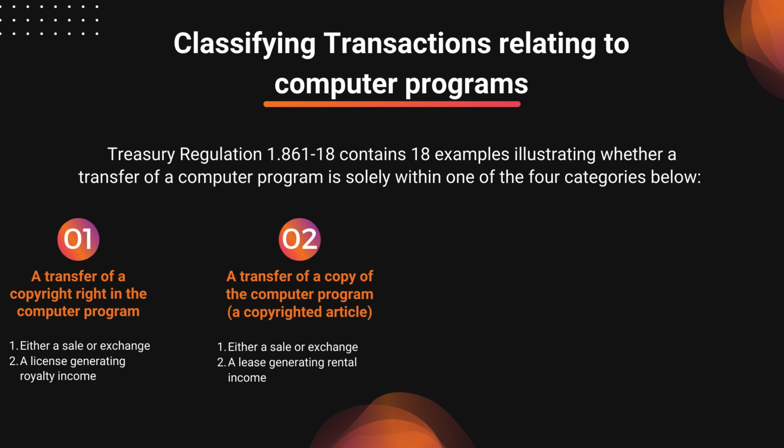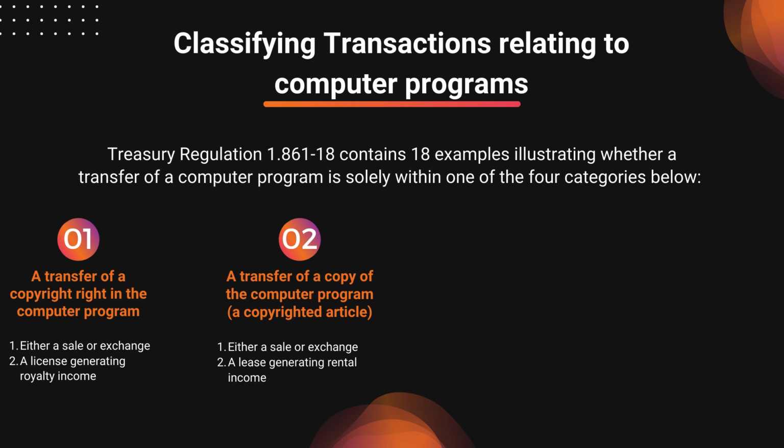The second category that the IRS may place your computer program income into is when you transfer a copy of the computer program, which is a copyrighted article. We're going to explain the concept of the copyright right and the copyrighted article: when you have a copyright right, when you have a copyrighted article, and when you transfer it, what kind of income you are making.